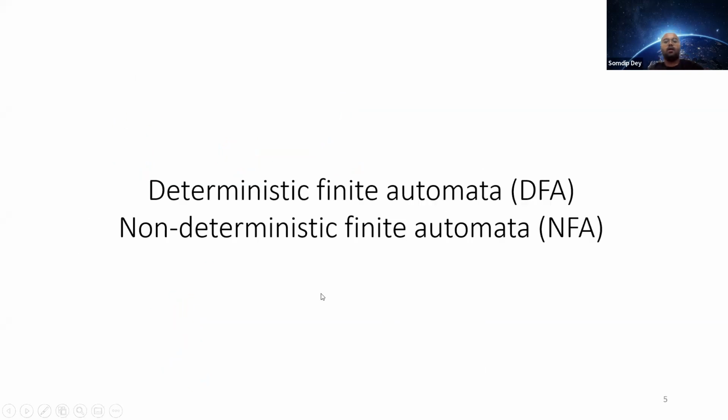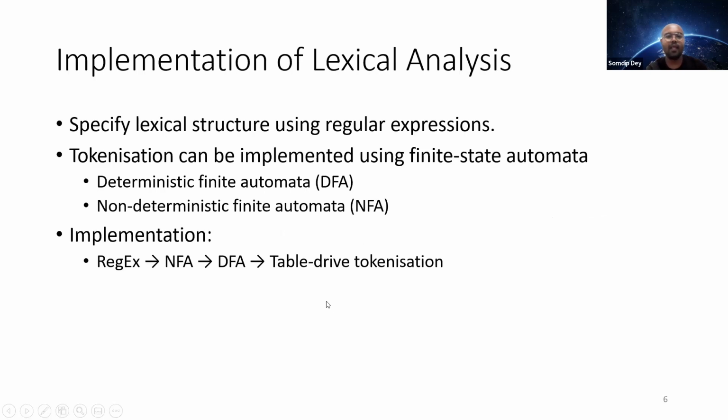So now that we know this, finite automata basically comes in two variants. One is deterministic finite automata, and another one is non-deterministic finite automata. And we will be exploring these in today's lecture. And now let's take a step back to realize why we need finite automata in languages and compilers.